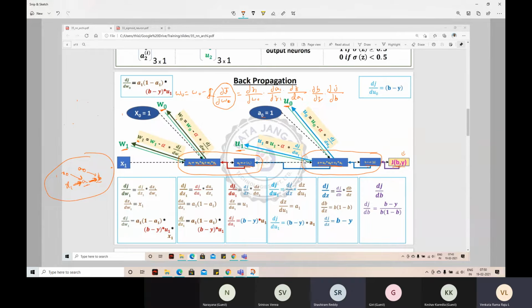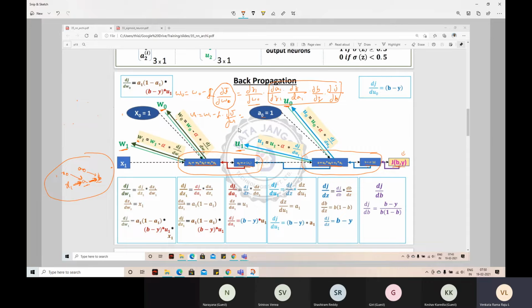Okay. So for W1, to calculate the next W1, what's the formula? W1 is equal to W1 minus alpha into derivative of dJ by dW1. So here, this whole equation, this part is not going to change. Only this part will change.